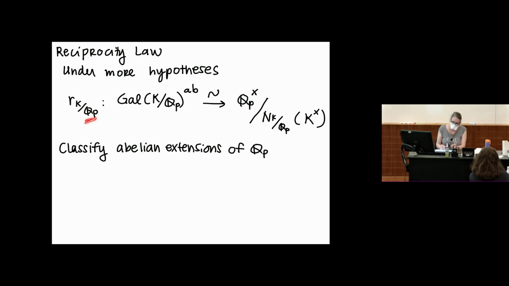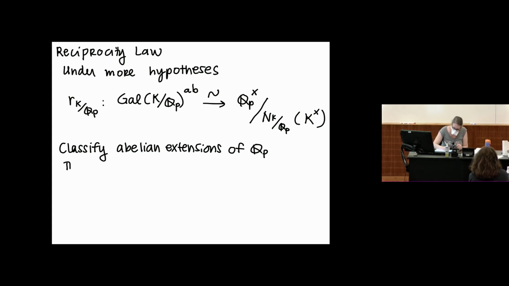The reciprocity map only sees abelian groups. If you have some non-abelian extension and you look at the abelianization, the reciprocity map can only see the part with abelian Galois group. So it only allows you to classify abelian extensions of Q_p, but it does.